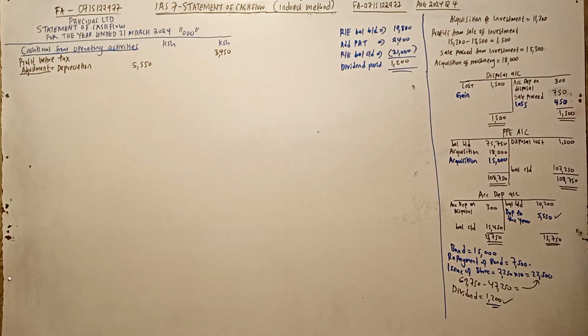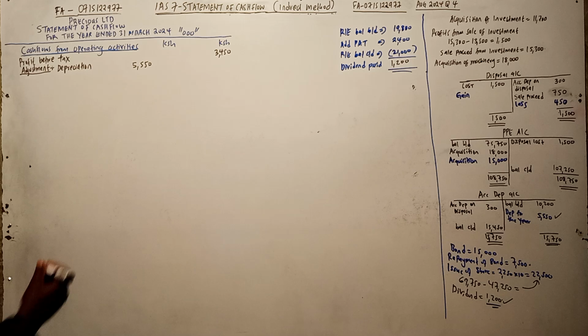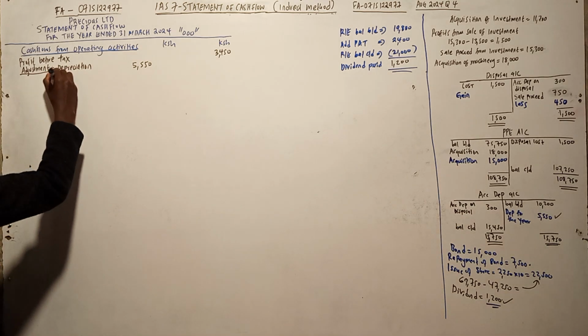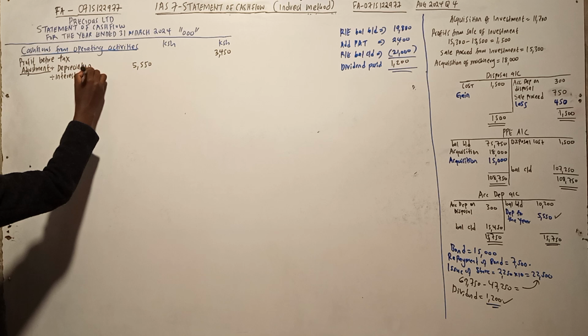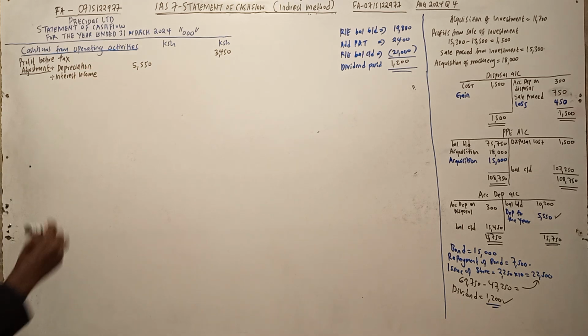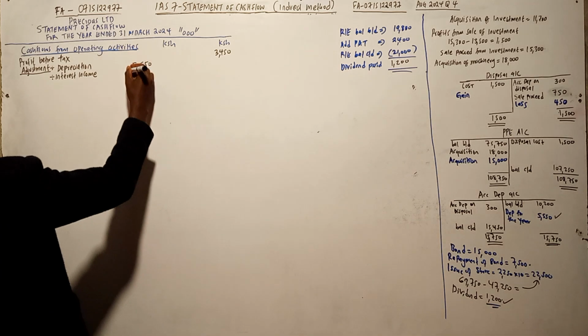The next item we can check, going back to our income statement, is interest income received of 900. Now, interest income was added in our income statement above, 900. So if it was added, you are supposed to remove it.